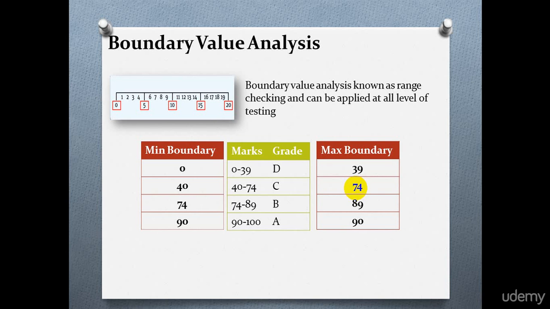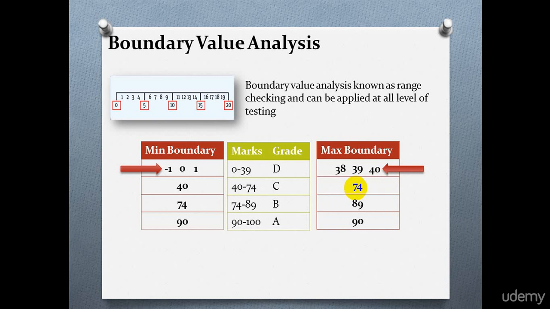In the given example, what would the three values for the lower boundary be? -1, 0 and 1. And the upper boundary it would be 38, 39 and 40.